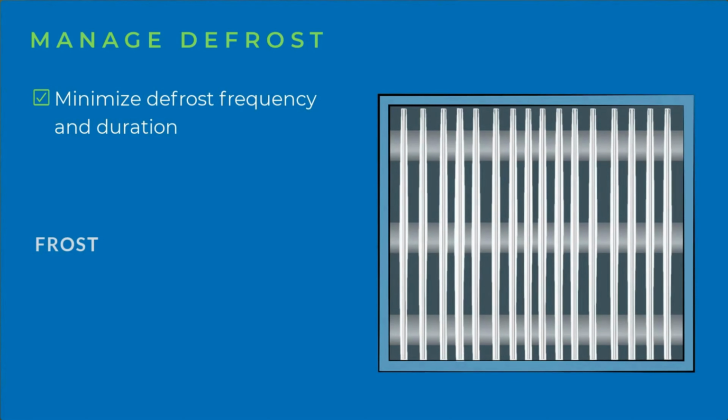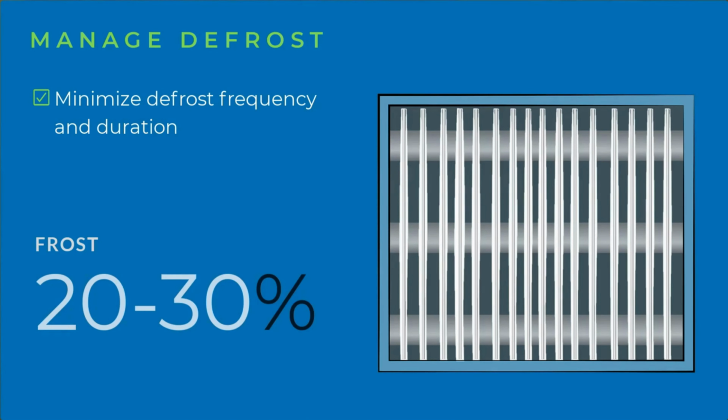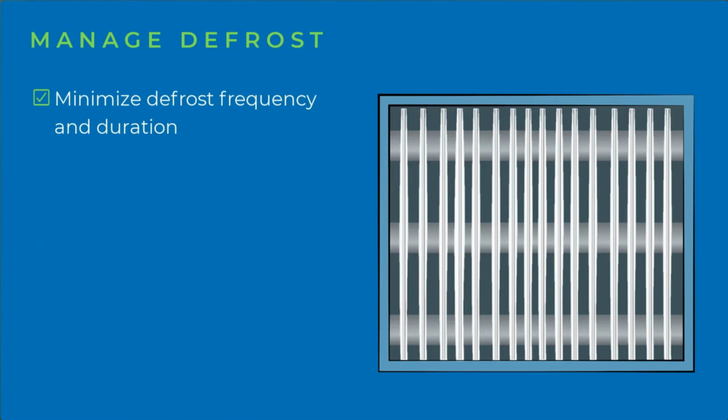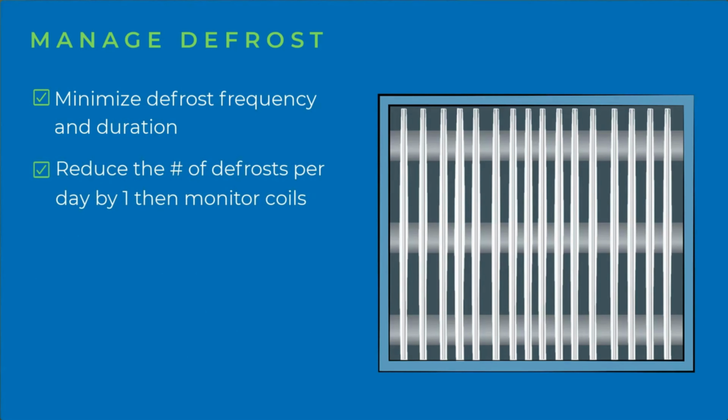Minimize defrost frequency and duration so frost uniformly covers 20 to 30% of the coils. At defrost initiation, reduce the number of defrosts per day by 1. Then, monitor coils for frost. If coils are still clean after defrost, make another reduction.